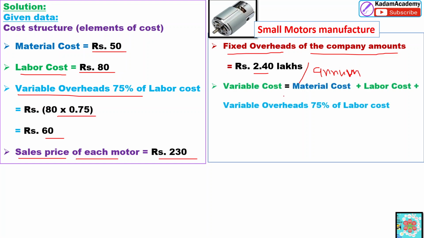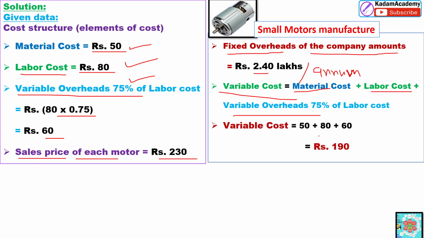The variable cost will be equal to material cost plus labor cost plus variable overheads. Addition of these three gives the variable cost, which is rupees 190.